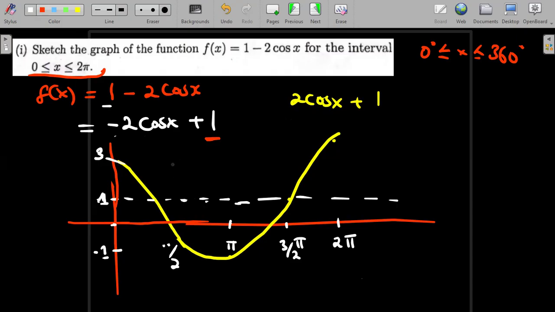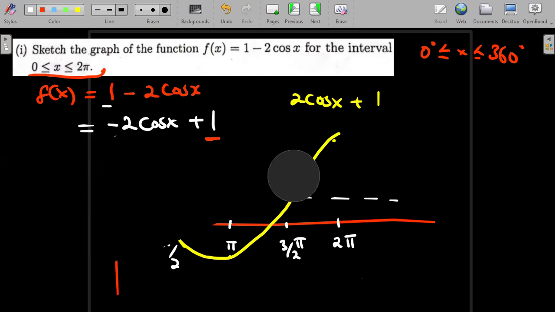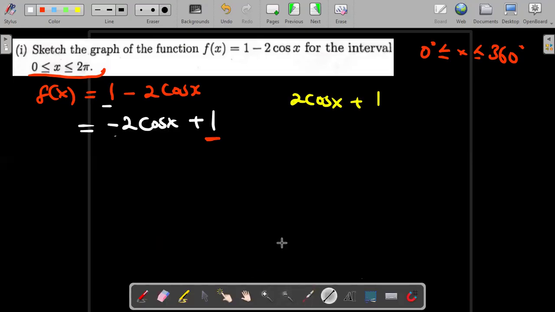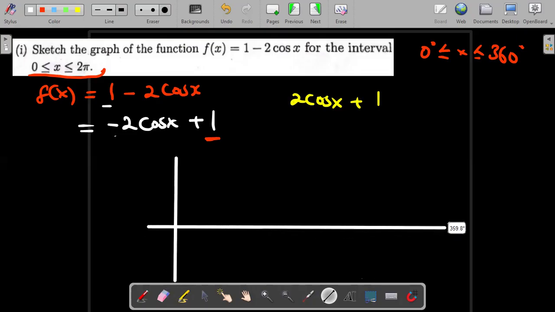Now, in our case, it is what? It is negative. So for the fact it is negative, meaning it's going to be inverted. It's going to be inverted. So now let me erase here such that we graph the one with a negative 1. So write my lines I have here. Okay, and like that.